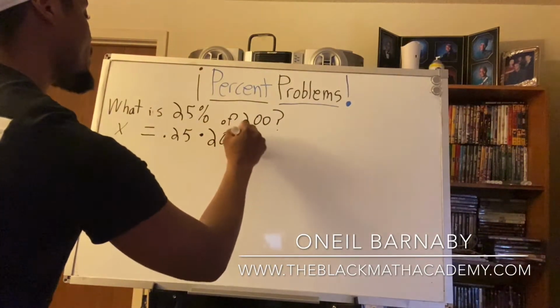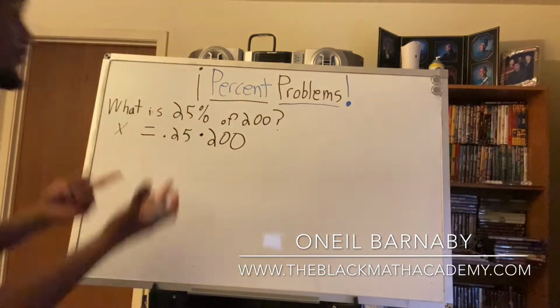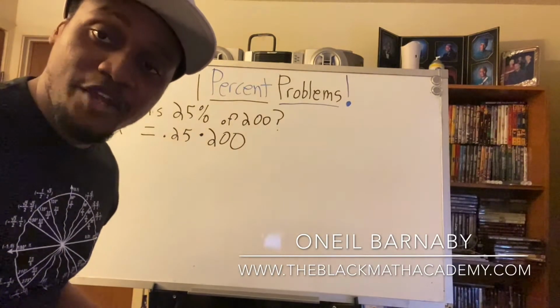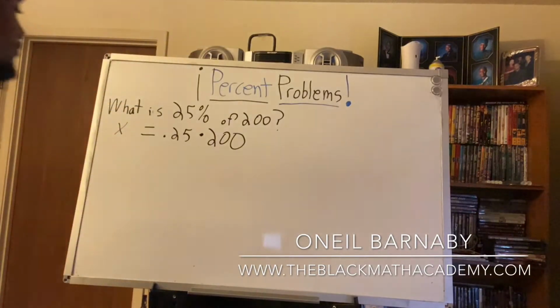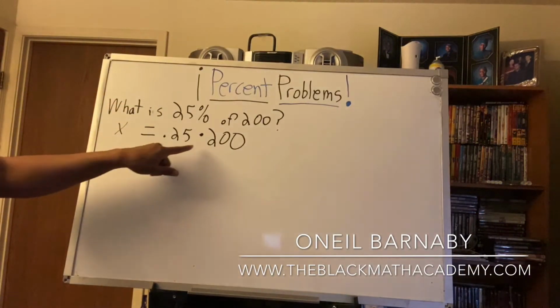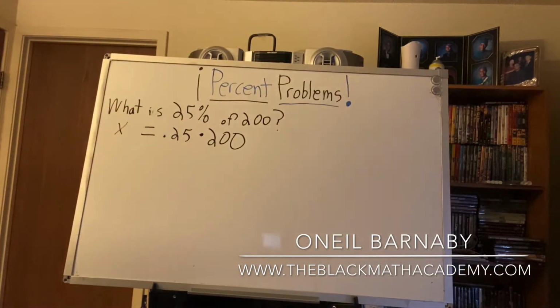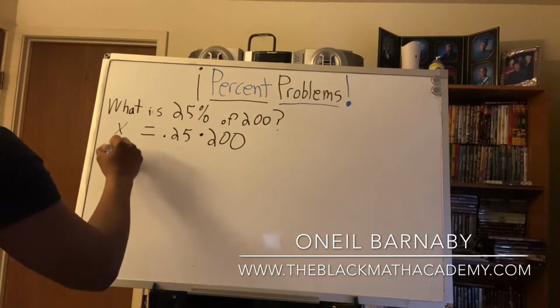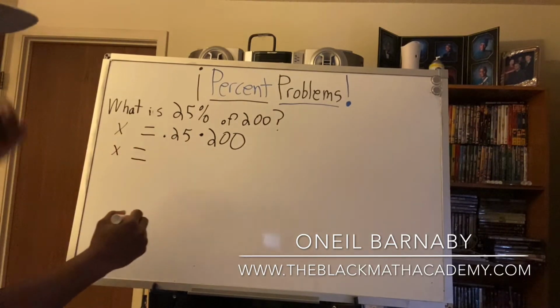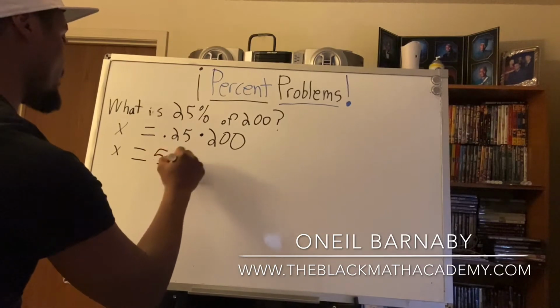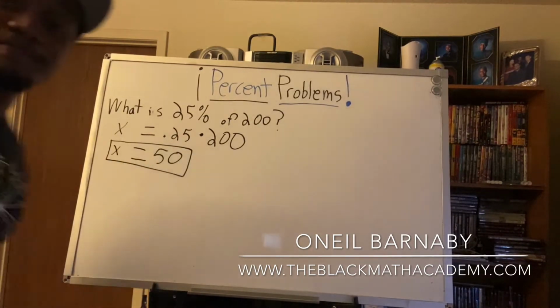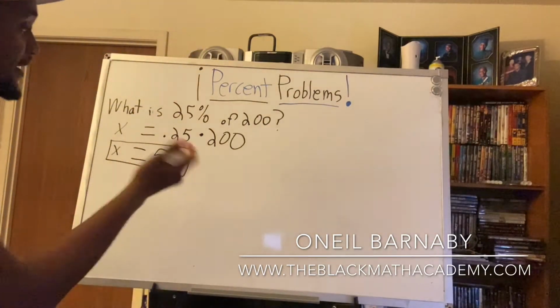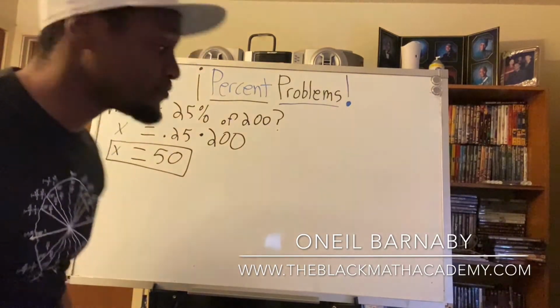And voila, you have your algebraic equation, and you just solve it like any other algebraic equation. So x is equal to 0.25 times 200. And doing some quick math, x would equal 50. So x is 50. There's your 25% of 200.